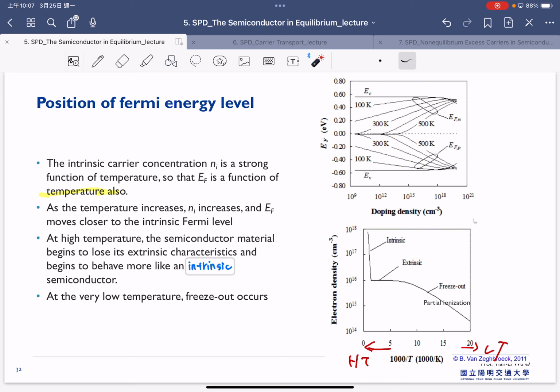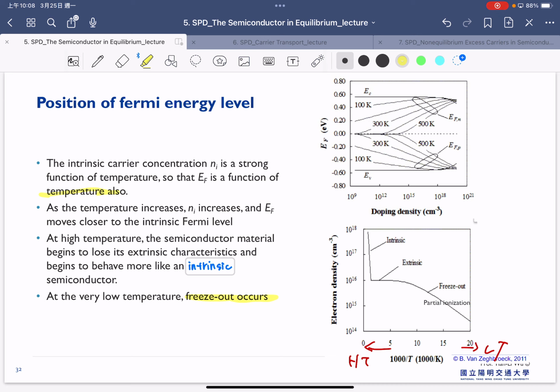And one more thing: there's a region we call freeze-out. At a very low temperature, freeze-out occurs. This is because at very low thermal energy, your donor atoms or acceptor atoms cannot be ionized, and cannot contribute electrons and holes.